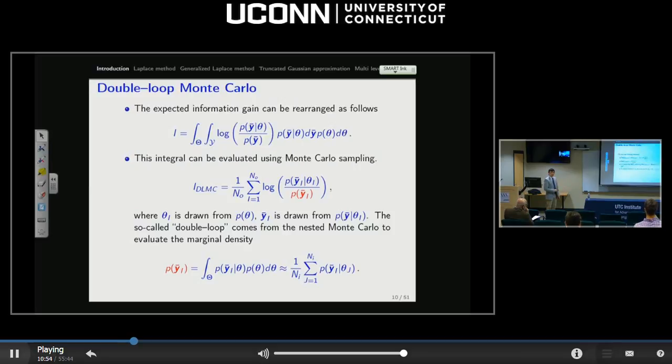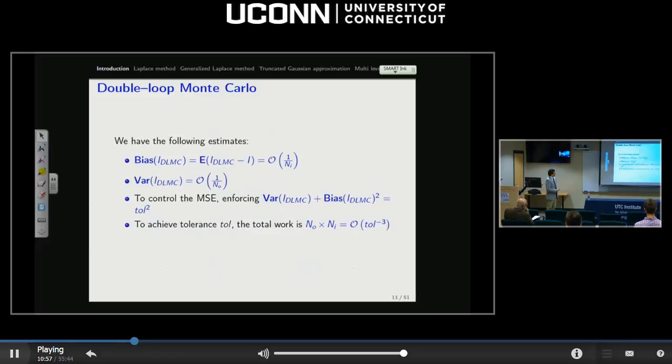If you do analysis of the estimator, you will see that the bias of this estimator is proportional to 1 over Ni, where Ni is the number of samples in the inner loop, and the variance is proportional to 1 over the number of samples in the outer loop. If you want to control the mean square error, given a tolerance squared, you end up with a total work of N naught times Ni, which is of the order of tolerance to the power of minus 3.